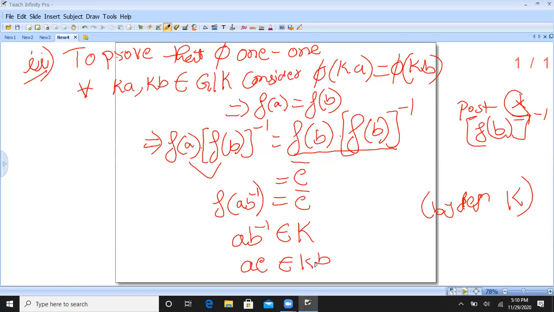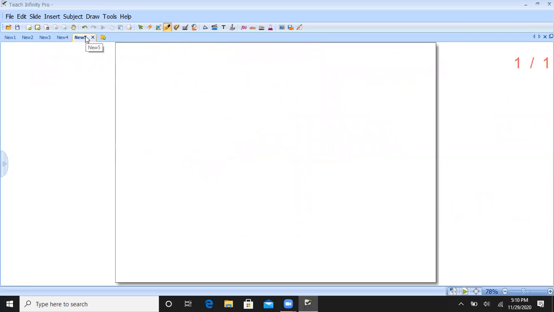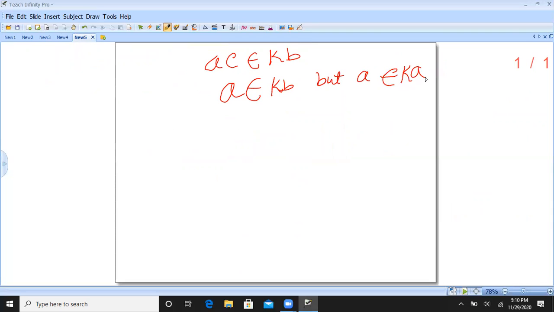I will explain this on the next page: a is equal to ae, which belongs to kb. So a belongs to kb, but a belongs to ka, which implies ka is a subset of kb.